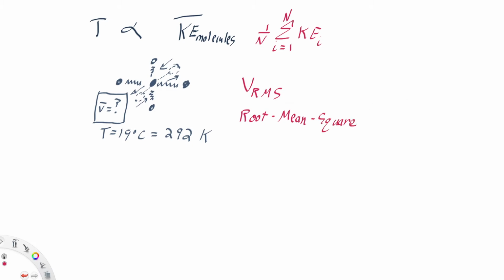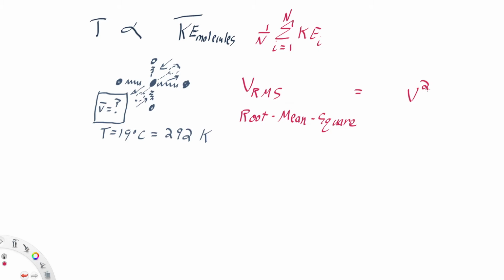And what I'm about to write down is going to look very familiar if you are thinking about standard deviations. So when we take the root mean square, first we square the velocity. This way we always have a positive number, right?